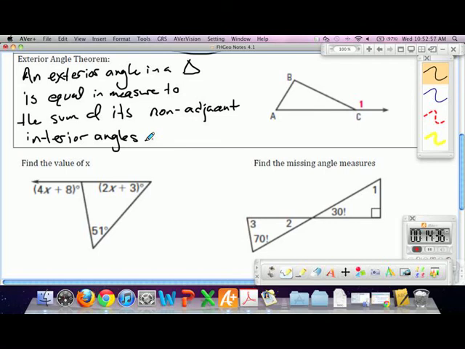A and B. This interior angle is adjacent. It shares a side with this exterior one, so we throw that one out. From this theorem, we conclude from this diagram that measure of angle 1 is the same as the measure of angle A plus the measure of angle B.